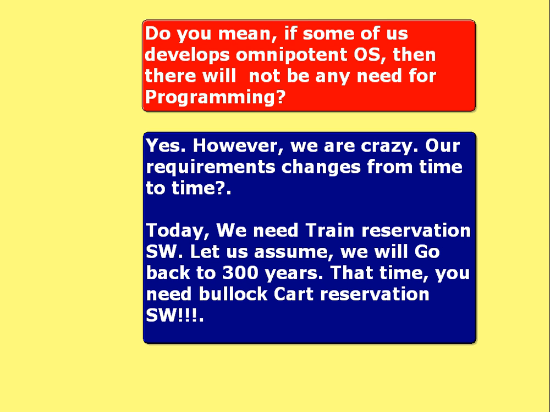Then what type of software do you require at that time? We require bullock cart reservation software. Thus, I say the customer requirements change from time to time. Thus, having an omnipotent operating system is also impossible.